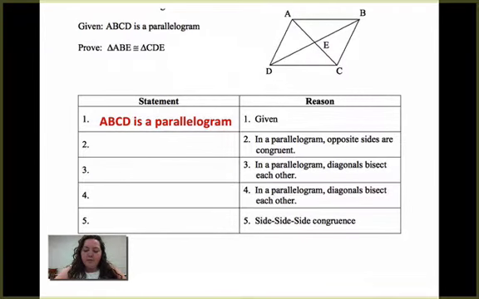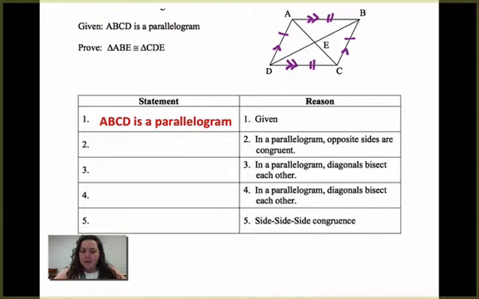Well, I know that if it's a parallelogram, there's certain pieces. I know that the opposite sides are parallel, and they're also congruent. So I can say that this side is equal to this side, and this side is equal to this side. That's just in the definition of a parallelogram.